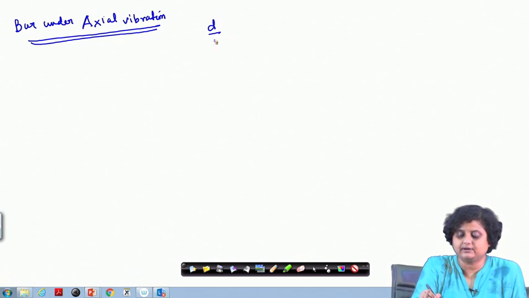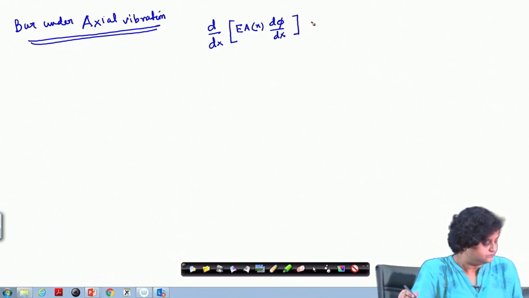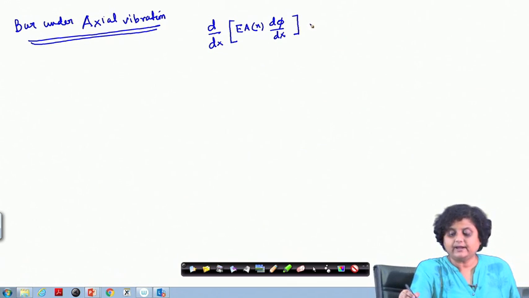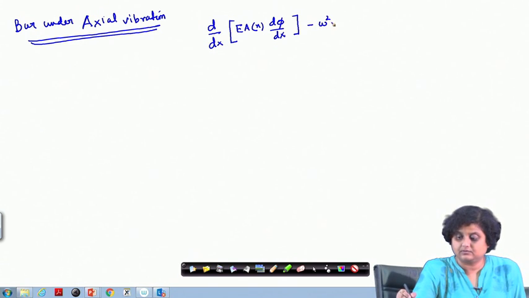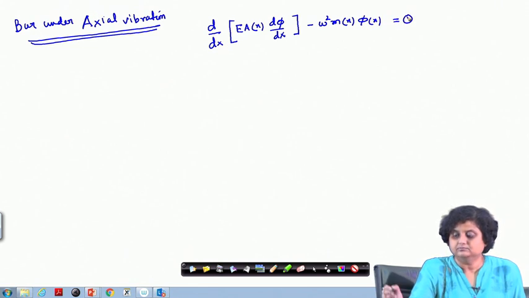The equation can be written as d dx of EA d phi dx equals minus omega square m phi.